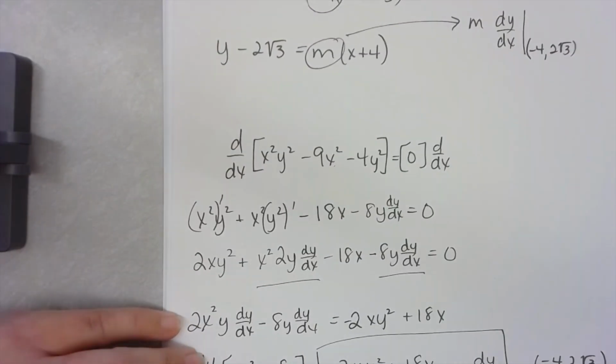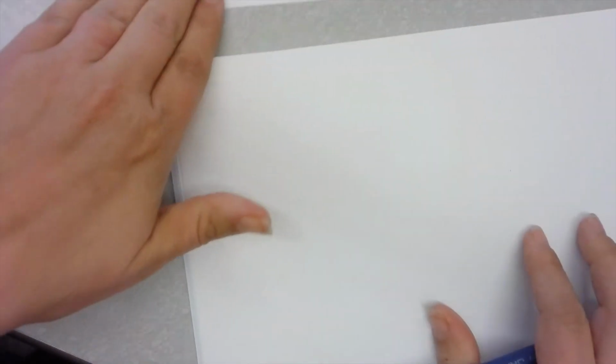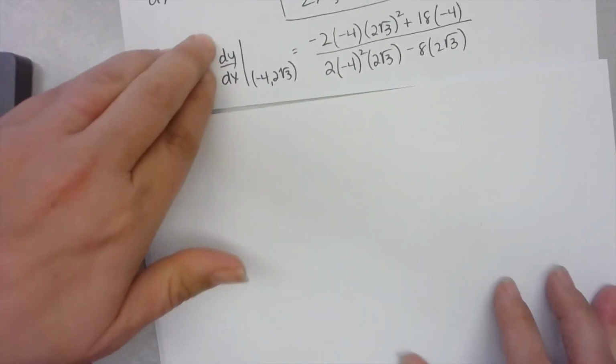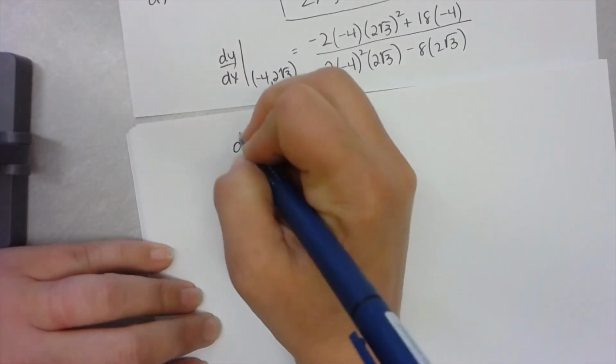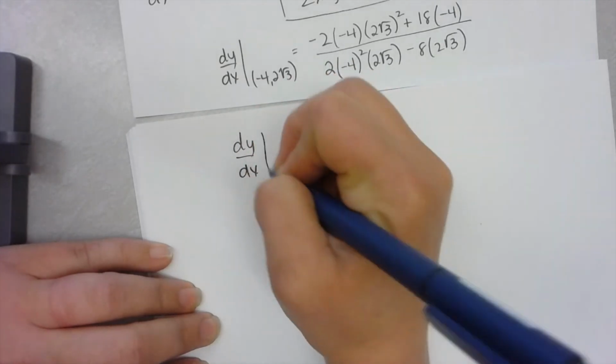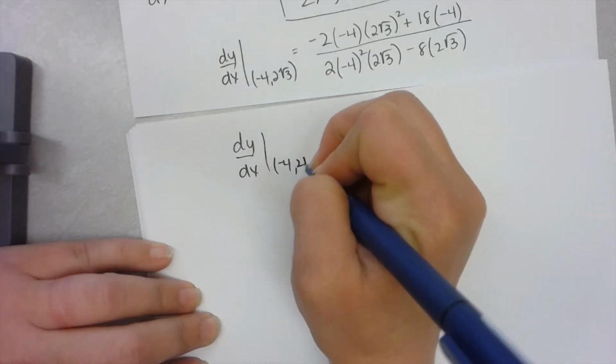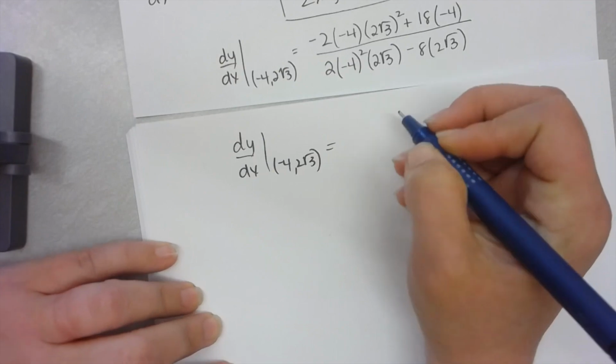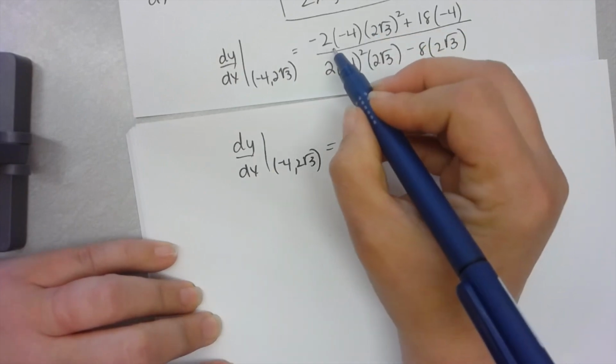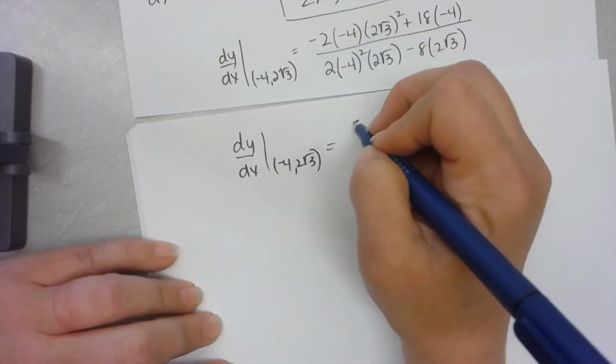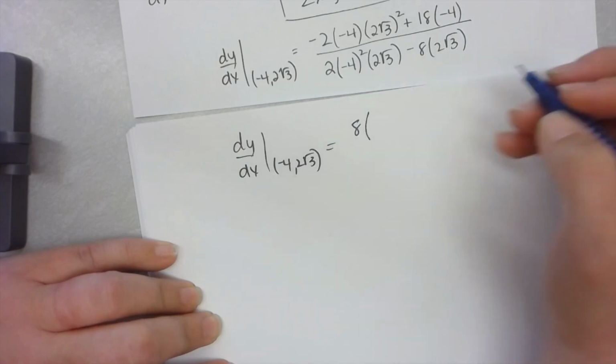Okay, so let's start a new page here. So my dy/dx at (-4, 2 radical 3) is equal to, okay, so I can multiply the negative 2 times the negative 4 and get 8, and then 2 radical 3 squared.